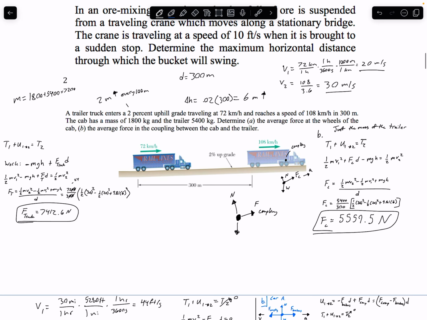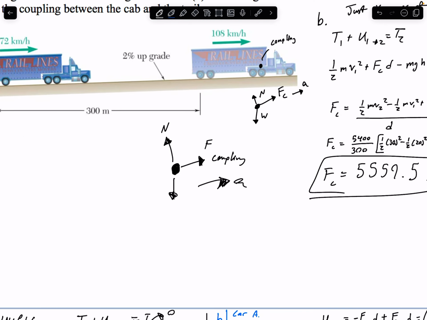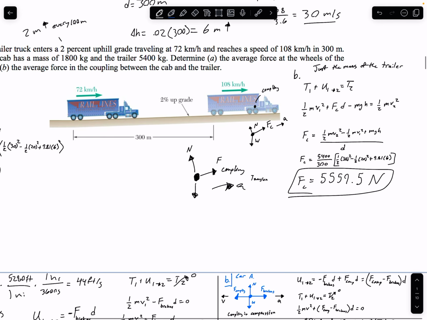And so no friction, no anything, so we know that the acceleration has to be that way. That's assuming the coupling is in tension, pulling it up. If it was slowing down, the coupling would probably be pushing it that way, but since it's accelerating, it's probably pulling it that way.